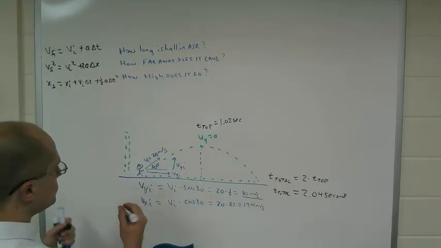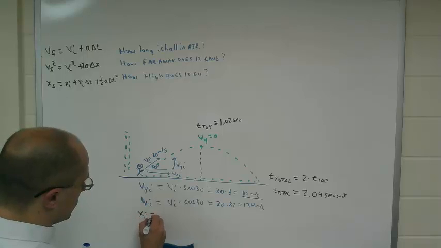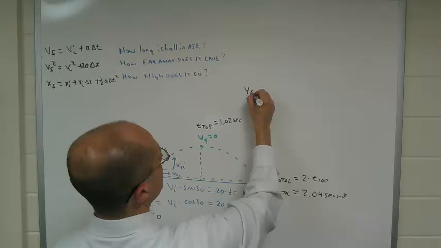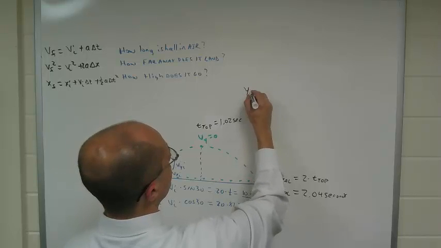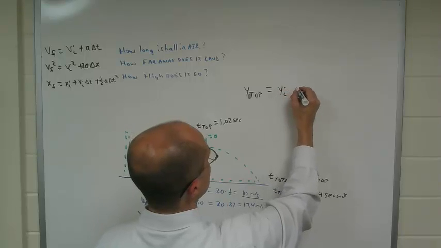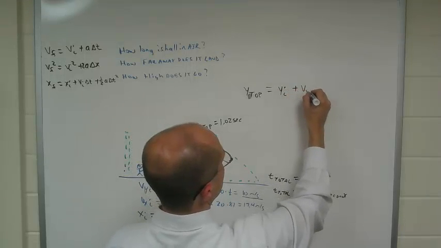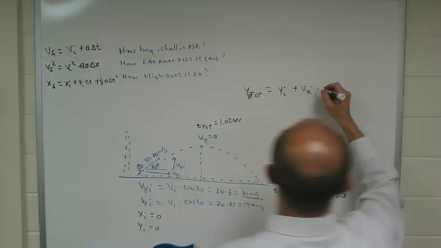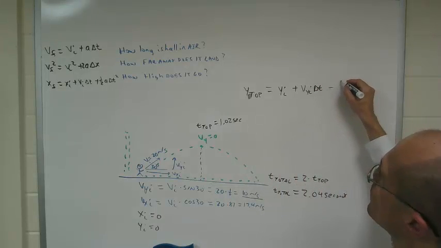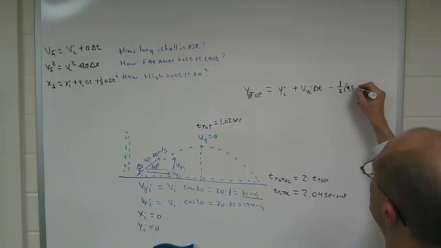So we'll assume that x initial equals 0 and y initial equals 0. y final, which is y at the top, is equal to y initial plus vy initial times our delta t minus 1/2 of 9.8 delta t squared.